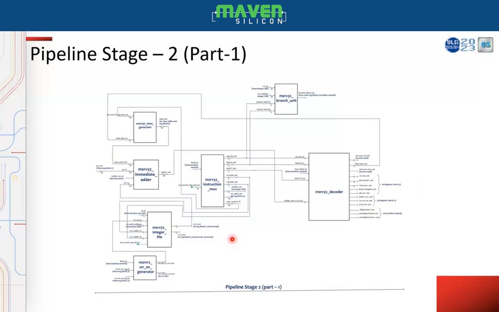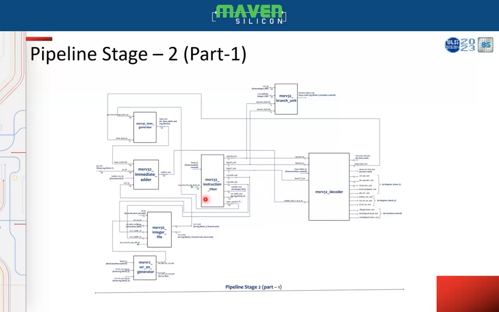And the pipeline stage 2, since it is quite bigger, I am showing it in 2 parts, part 1 as well as part 2. So as I explained earlier, pipeline stage 2 is responsible for decoding the instruction and generating the various operands.